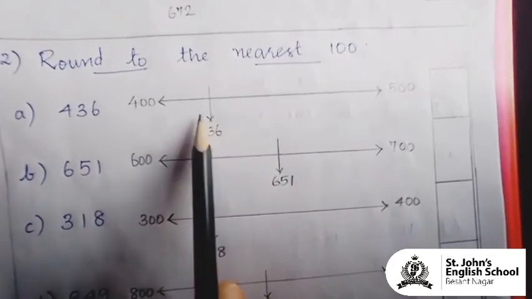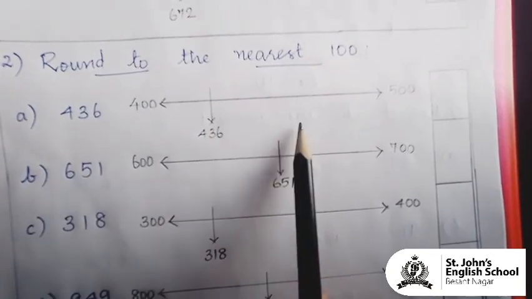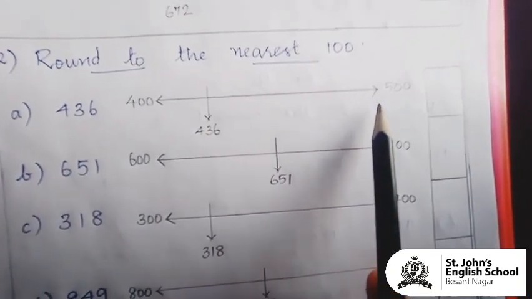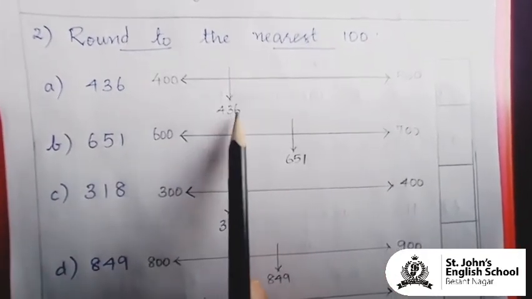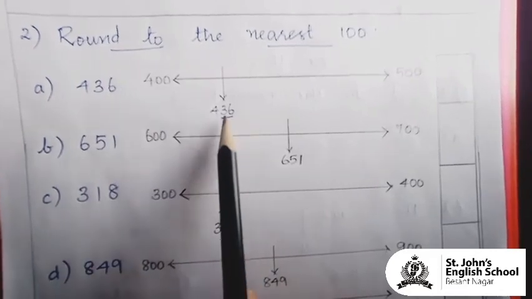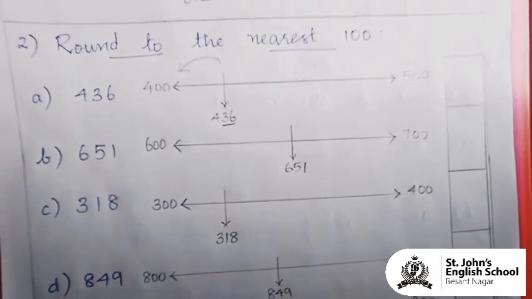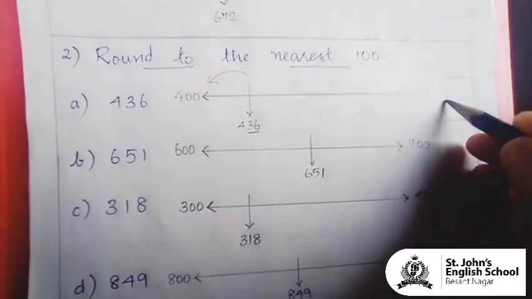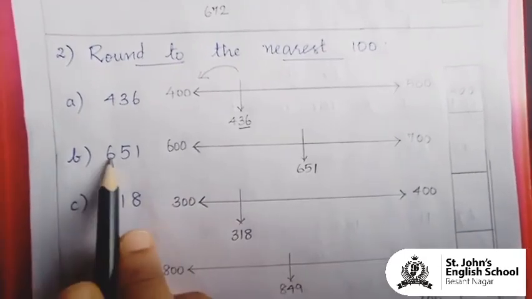Something before this 50 goes to the before number. Something after this 50 goes to the after number. Now 436. This 36 is before 50. So if it is before 50, it should go to the before number, that is 400.